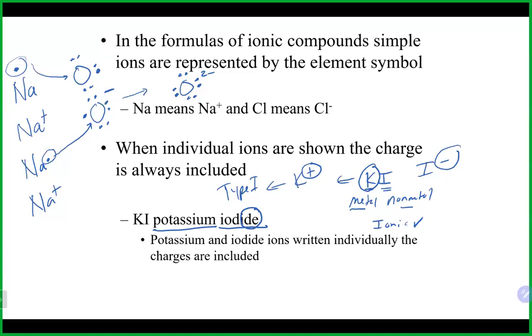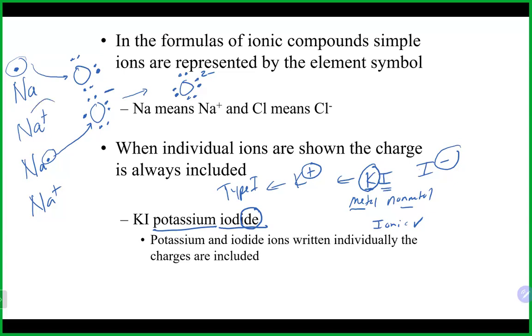By gaining those 2 electrons, 1 from each sodium, oxygen achieves that noble gas stable configuration, and each of those sodiums also gains neon's configuration. All 3 of those elements, by gaining and losing electrons, have achieved that noble gas configuration. It makes it really stable for them to be attracted to each other.